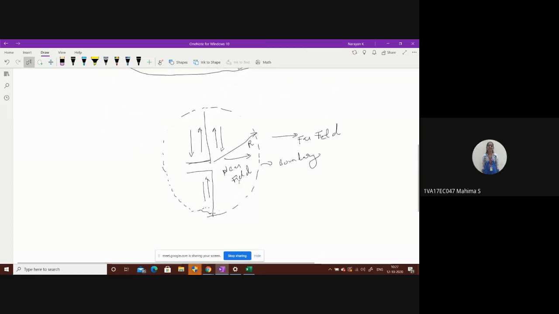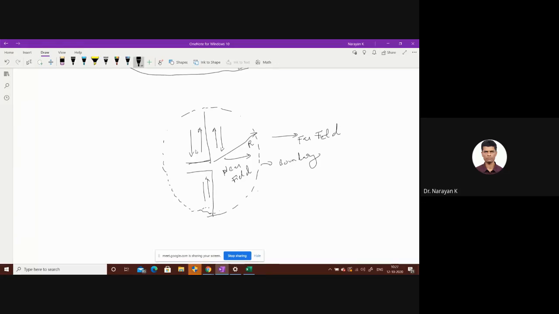Yes, sir. Okay. Now, what is the significance of this near field region and far field region? If you are very near to the antenna, you will have what is known as an oscillating field. That means your signal will go up and down, it won't go in the radial direction.